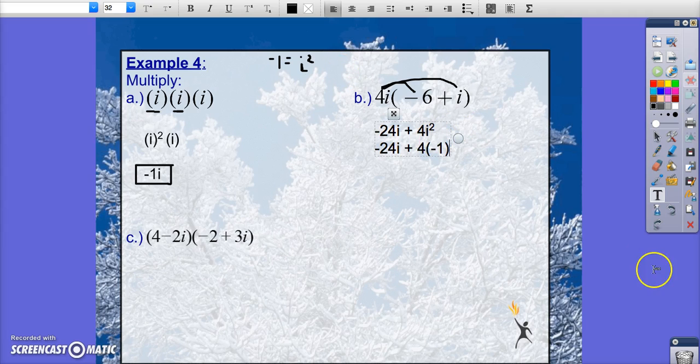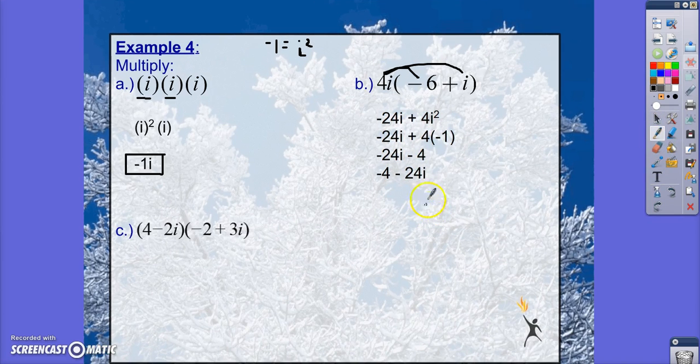So we're changing the whole i squared there. And then when we multiply 4 times negative 1, we get negative 4. And conventionally, in a complex number, we put the regular number first, and the i second. So how I'd like you to write the answer is negative 4 minus 24i.